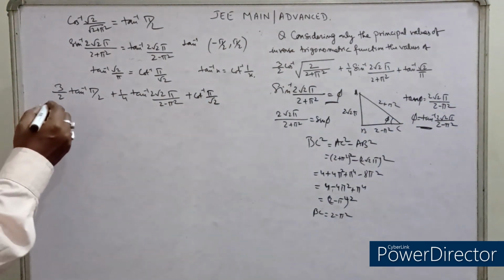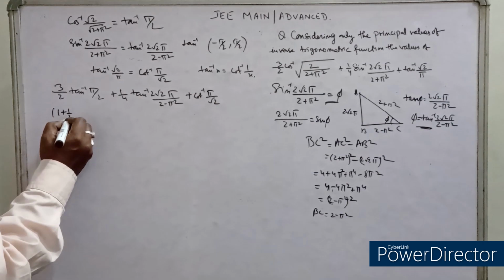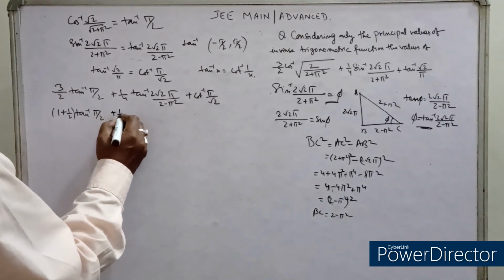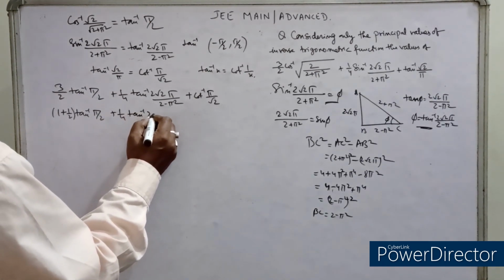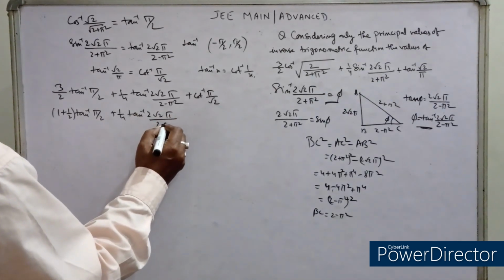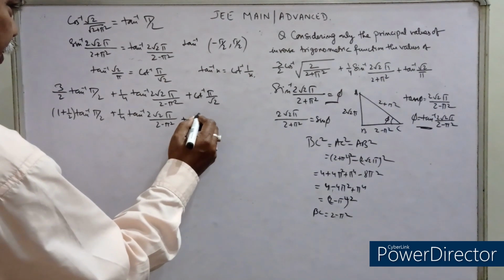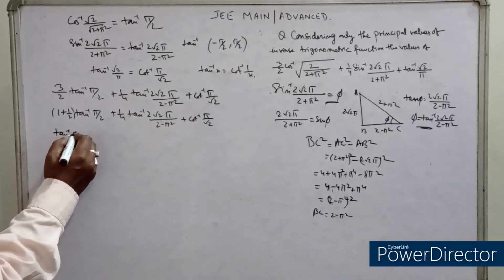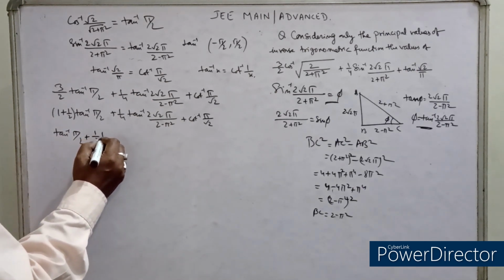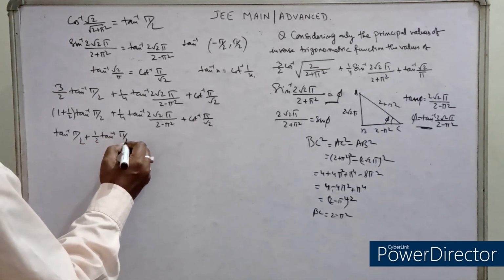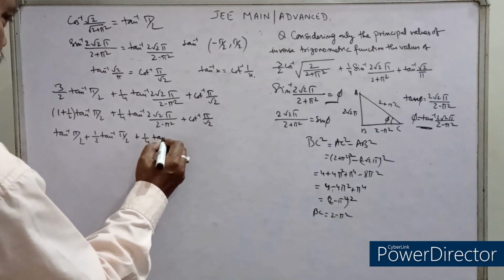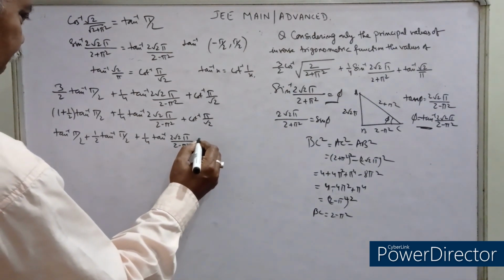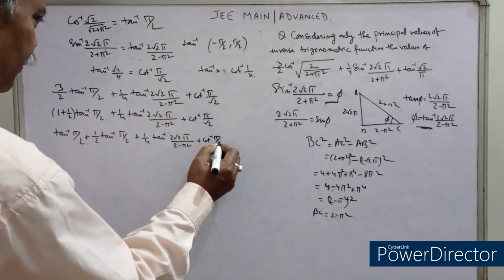Now here what I am going to do, this is 1 plus 1 by 2, so tan inverse pi by 2 plus 1 by 2 tan inverse pi by 2 plus 1 by 4 tan inverse 2 root 2 pi by 2 minus pi square, and this is cot inverse pi by 2 root 2.